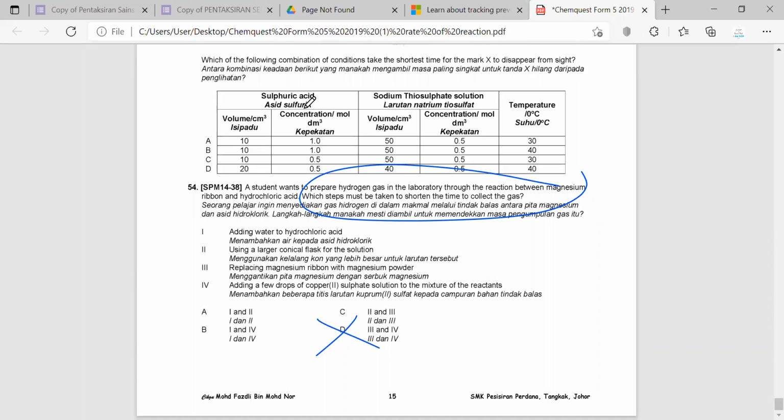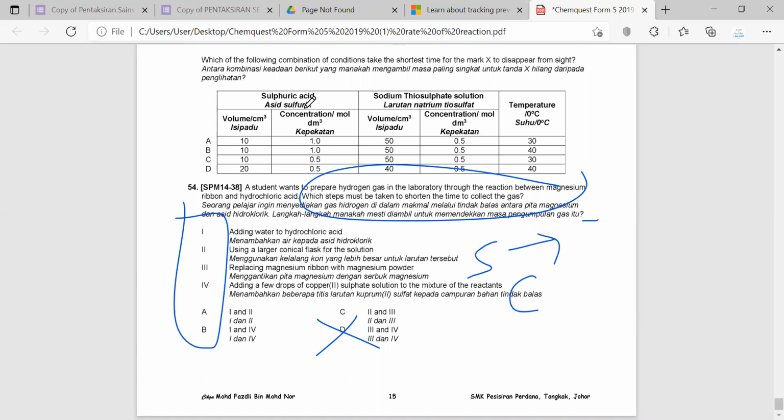Because the size of magnesium ribbon is bigger than the powder. Okay, very good. It uses size, and then the last one is a catalyst. So very good, you have a faster reaction. So here I'm talking about reaction. When teacher tells you anything that has got to do with reaction, what must you look at? The 5 factors.